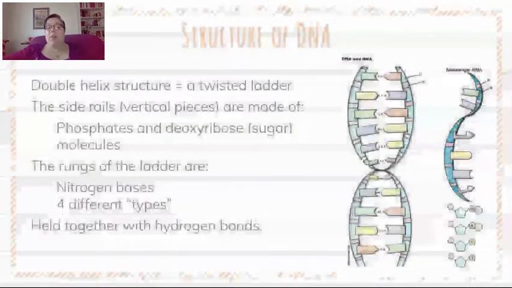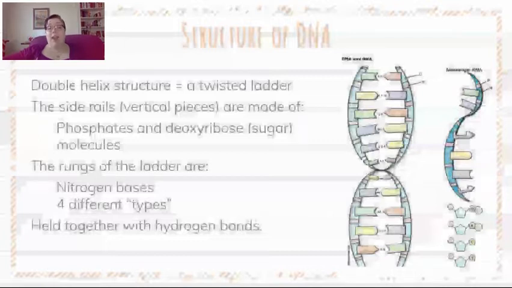So here's a little closer look at DNA. And it looks sort of like if you started with a ladder and then gave it a twist. So we call this structure a double helix. The side rails of the ladder, the vertical parts, are made up of phosphates and sugar molecules.